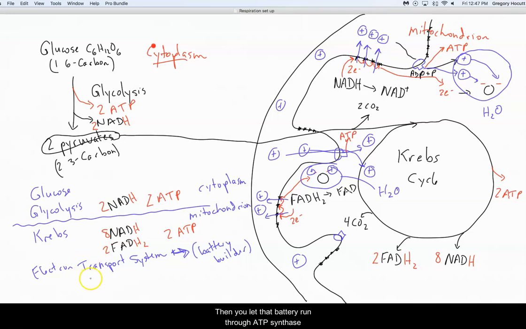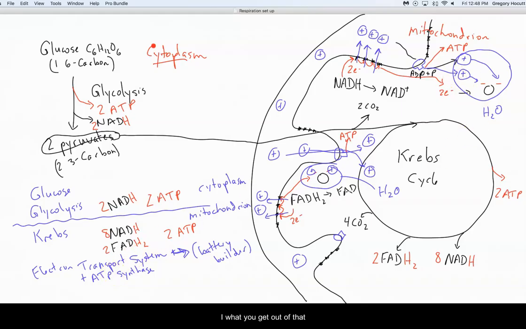Then you let that battery run through ATP synthase, this enzyme that takes ADP and free phosphates and snaps them together to make ATP.